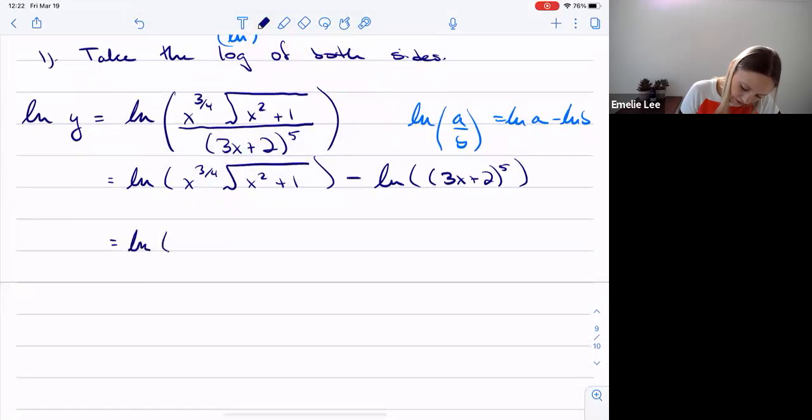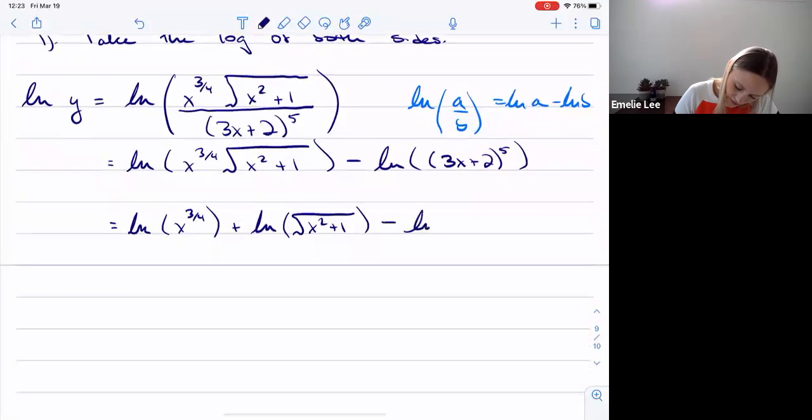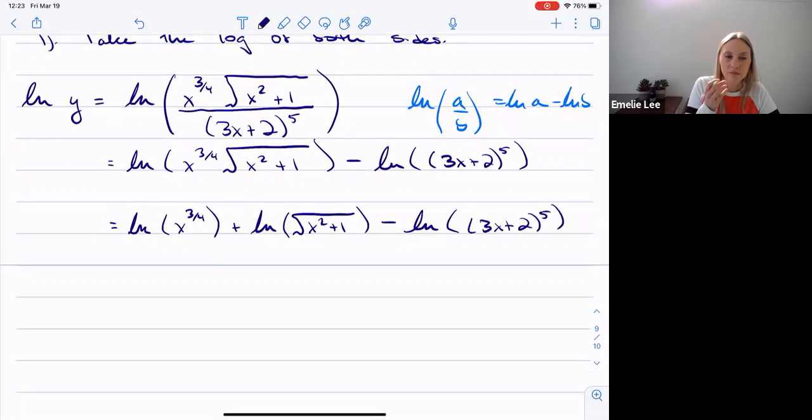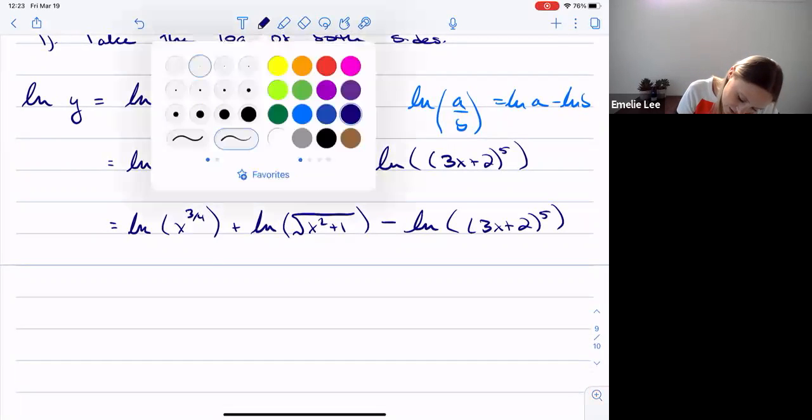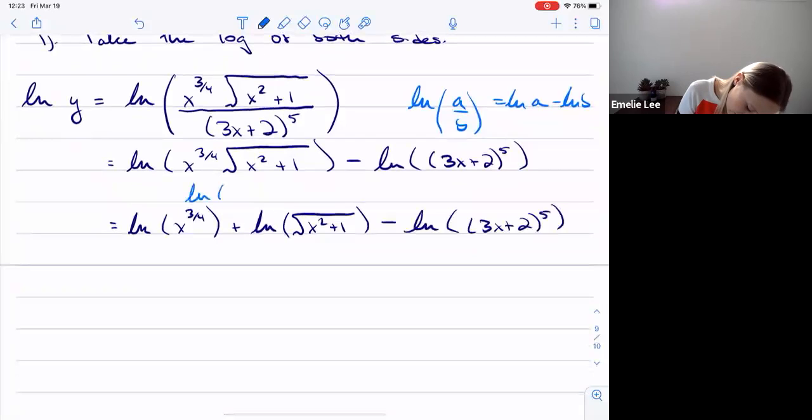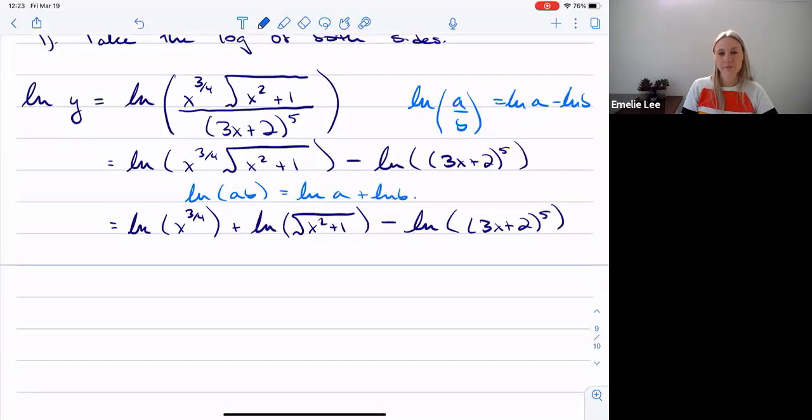So now I have the log of x^(3/4) plus the log of the root of x squared plus 1 minus the log of (3x + 2) to the power of 5. And this is from the log of ab is the log of a plus the log of b.